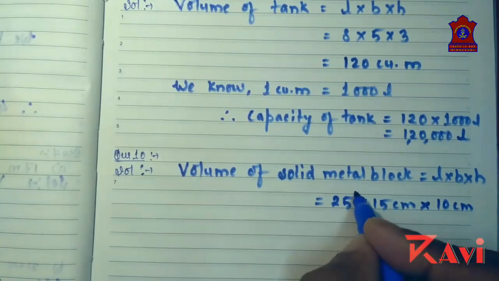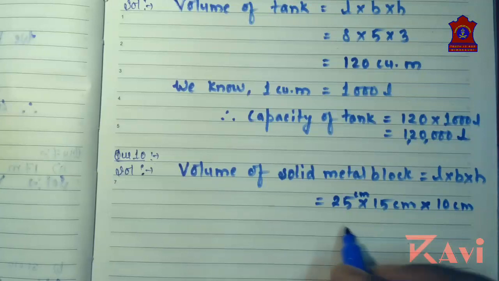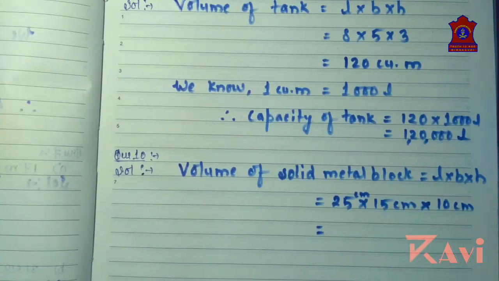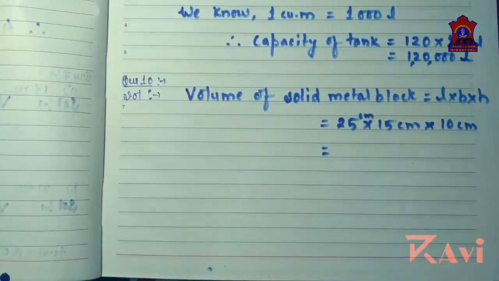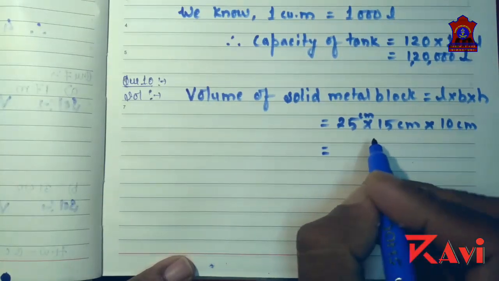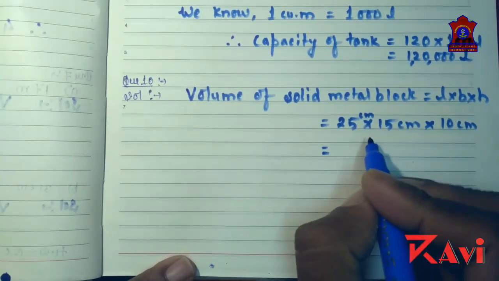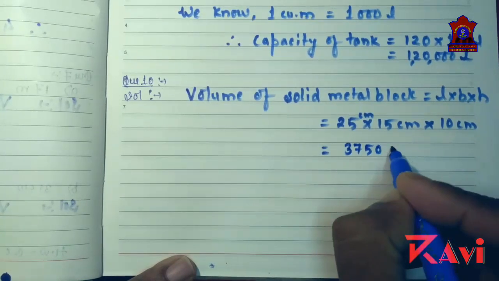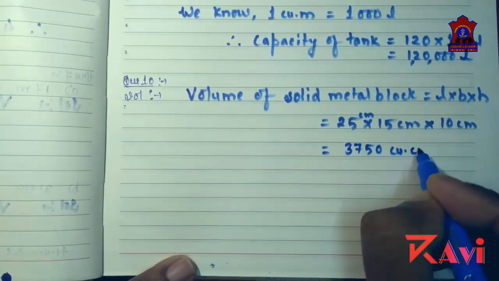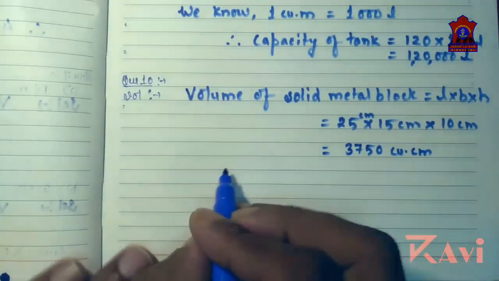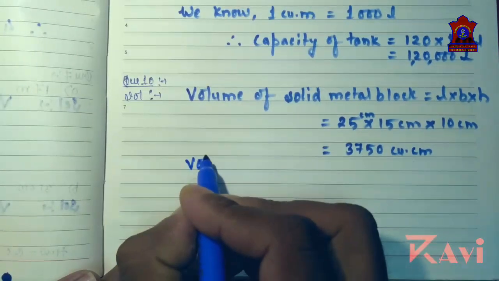Now just multiply 25 into 15 into 10. After multiplying 25 into 15 into 10, we are getting 3750 cubic centimeter.